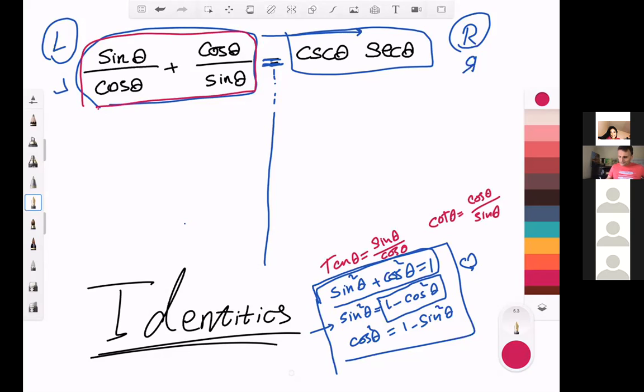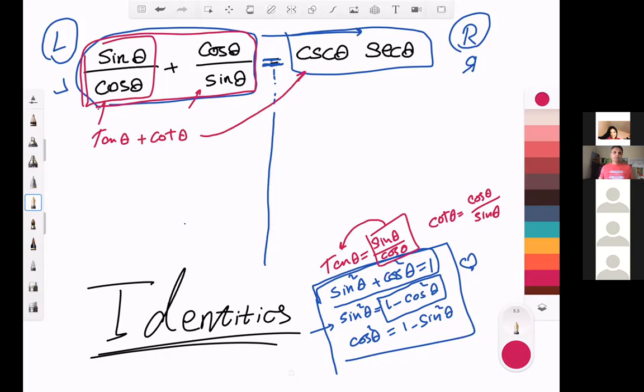And if you have sine theta over cosine theta, we don't want to make it tangent theta. If you do this, then it's more complicated to go to that side. So if you have tangent and cotangent, you make them into these two, but we don't go in reverse.